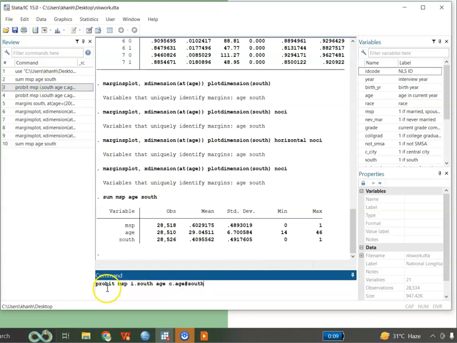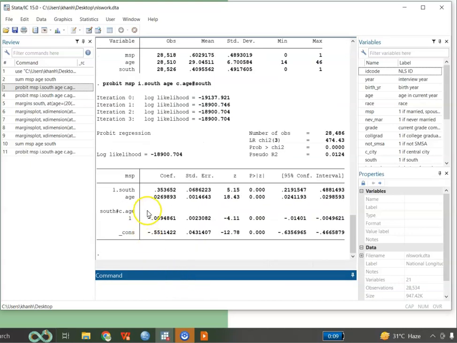So this is the command for Probit. MSP is my dependent variable, south is my categorical explanatory variable, age is my continuous independent variable, and this is the interaction effect of age and south.